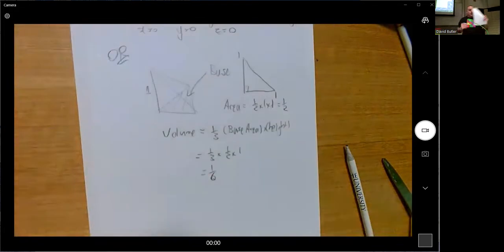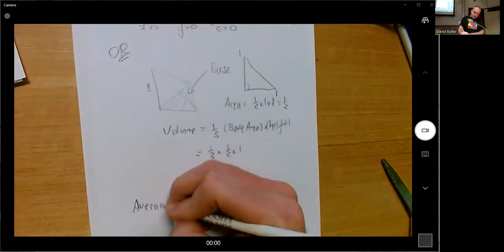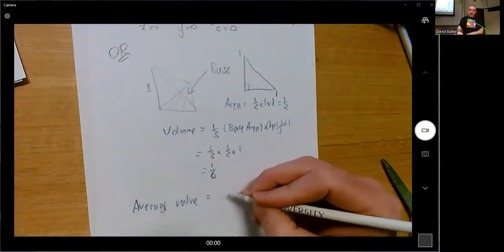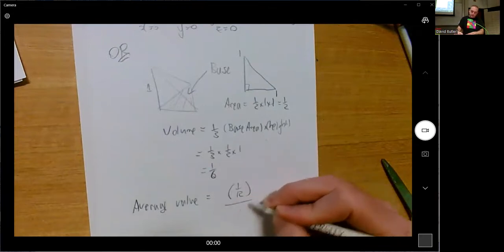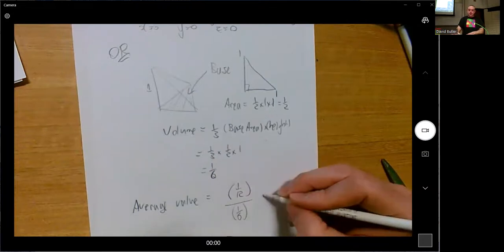Okay, so we're not there yet. Just a second, and so the average value will be the integral divided by the volume, which is a half.